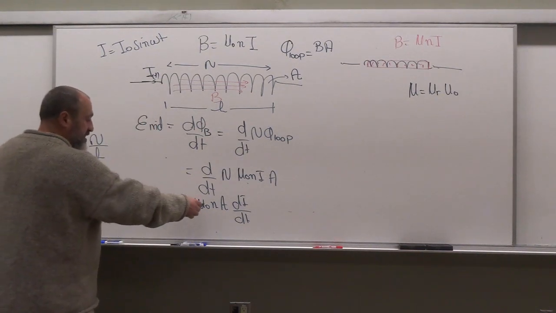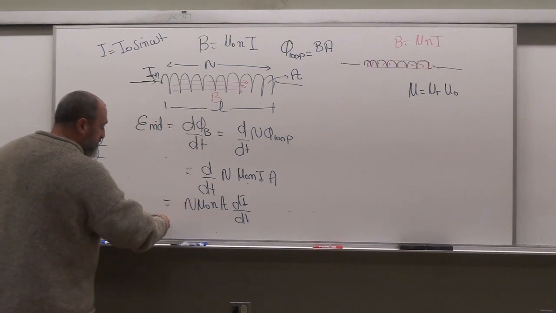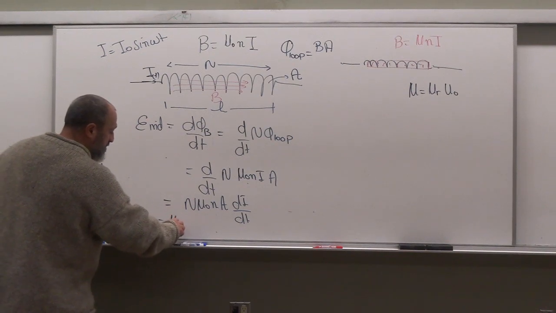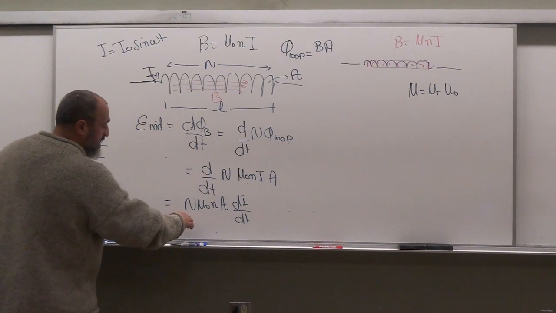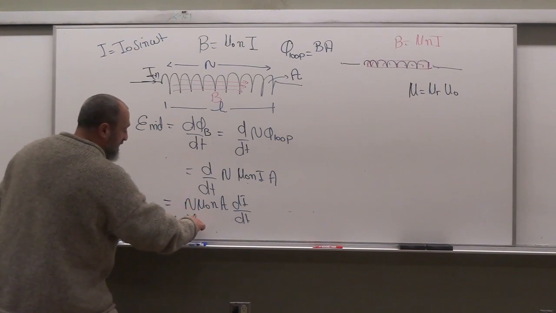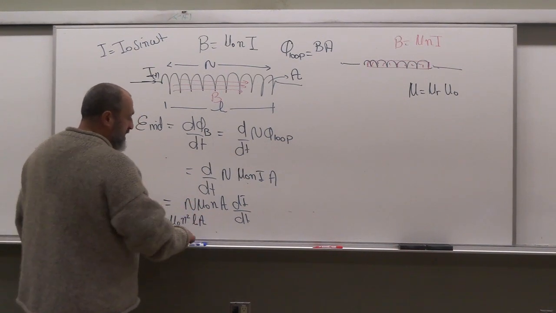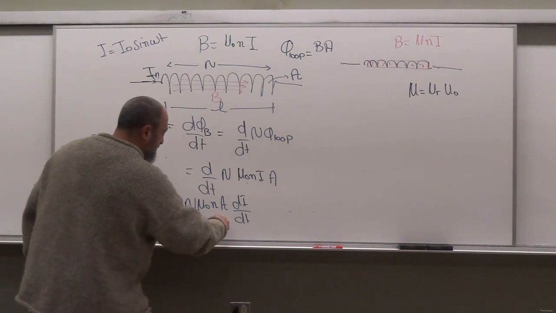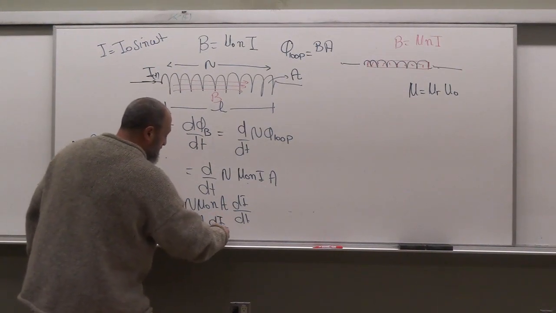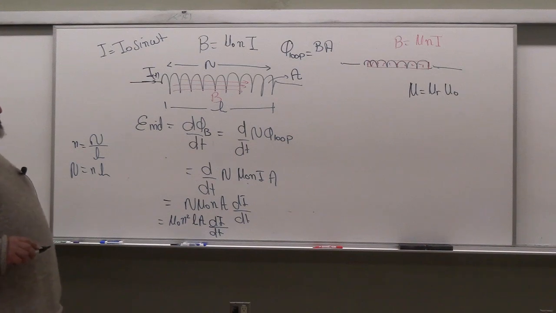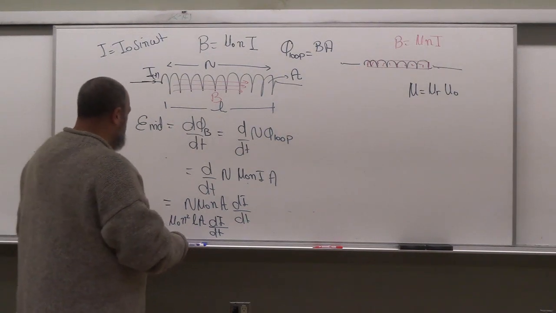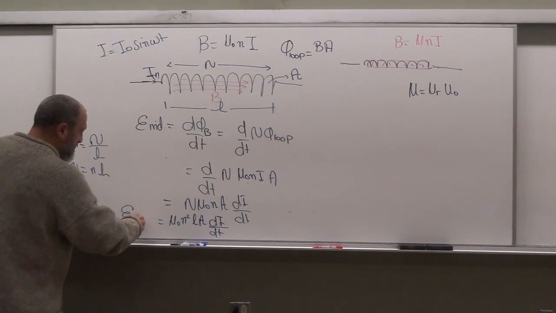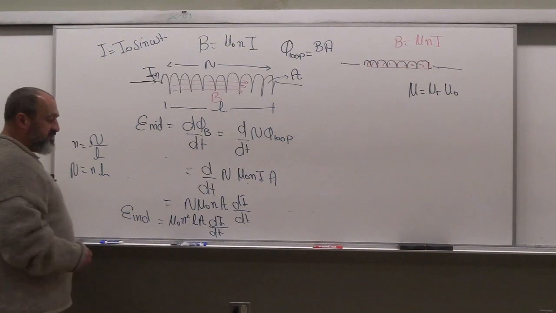So if you write it in terms of little n, that's equal to mu naught n squared times L A, times dI by dt. Now, in this case, we have epsilon induced equal to this times that.